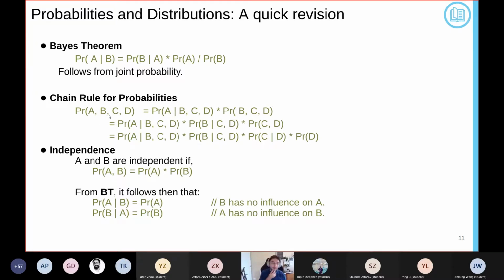So A given all this context, then the probability for the rest of the context, and then this itself is decomposed further: the probability of B, C, and D as the probability of B given C and D, and then the probability of C and D, which is decomposed into the probability of C given D and the probability of D. So we can decompose the whole thing into this expression here. So this is a chain rule.